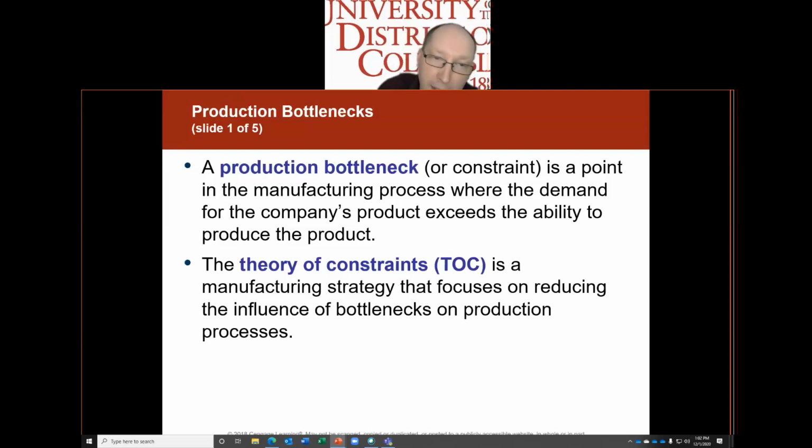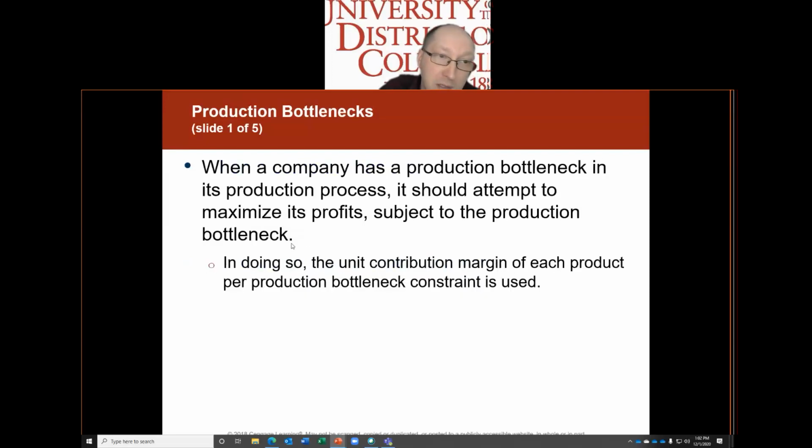That's a bottleneck. The theory of constraints is a manufacturing strategy that focuses on reducing the influence of bottlenecks in the production process. When a company has a production bottleneck, it should attempt to maximize profits by reducing costs and increasing its revenue.